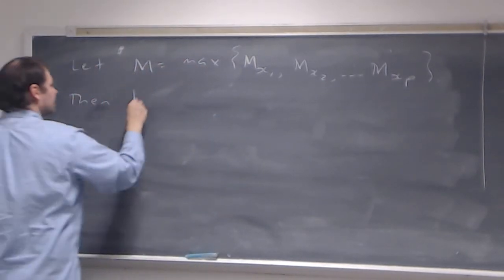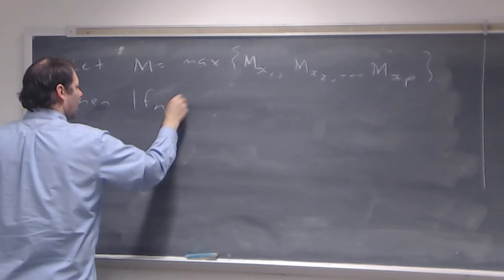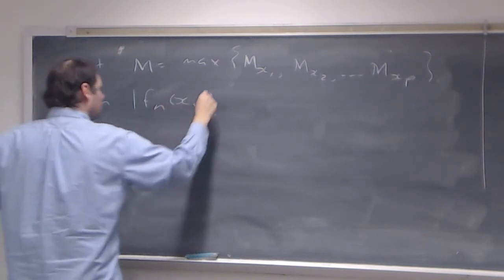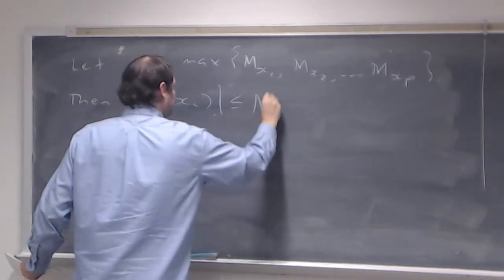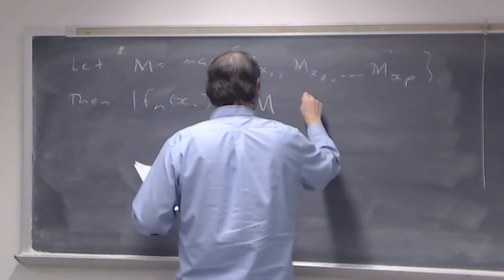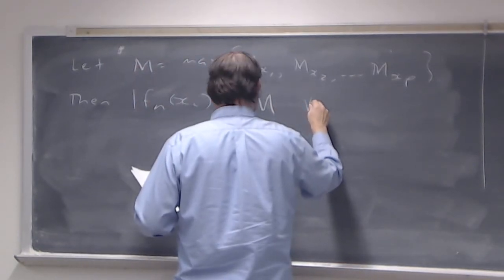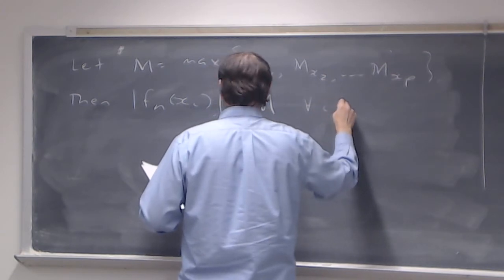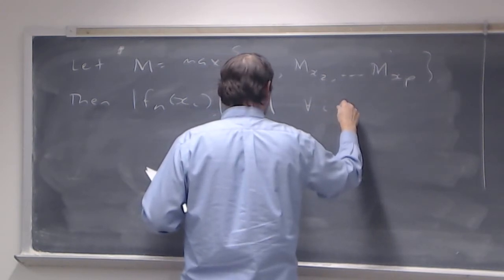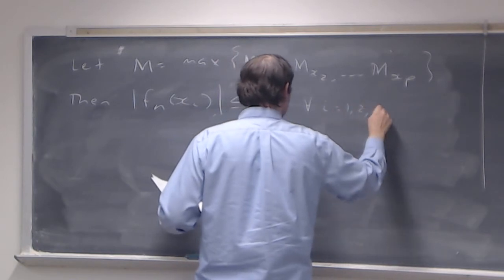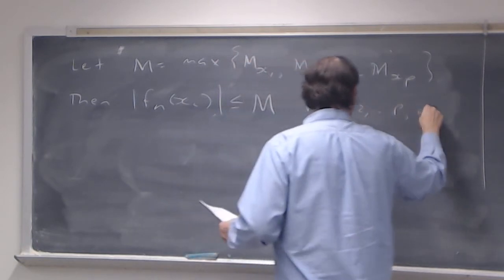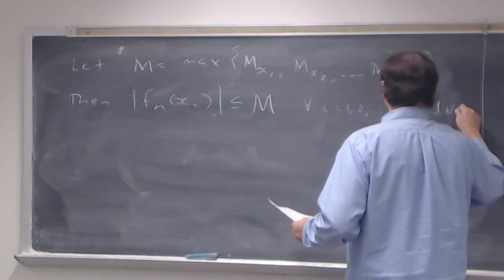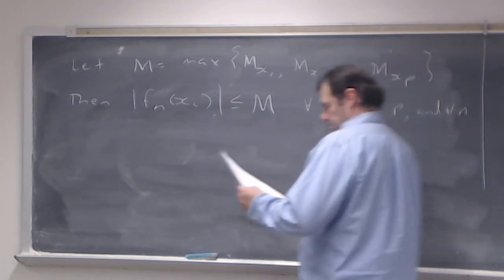Then what we've got is the absolute value of f sub n of x sub i will be less than or equal to M, and that's true for all i equals 1, 2, up to p, and for all n.